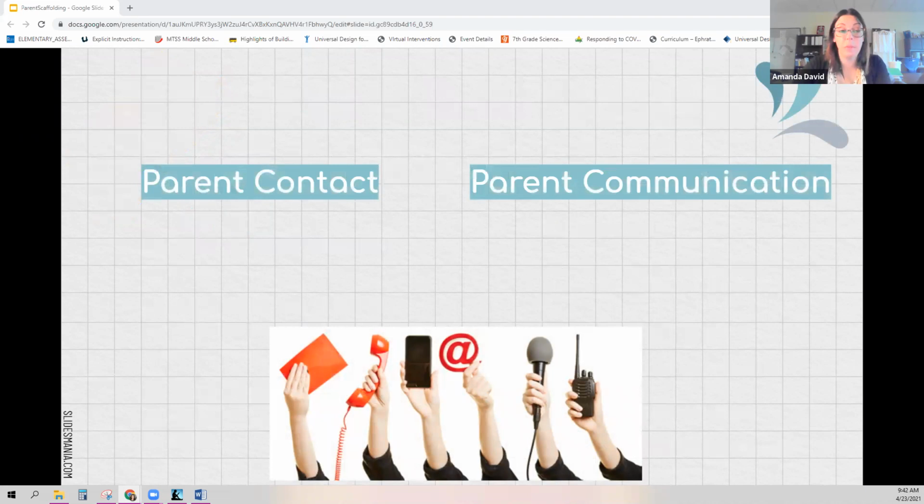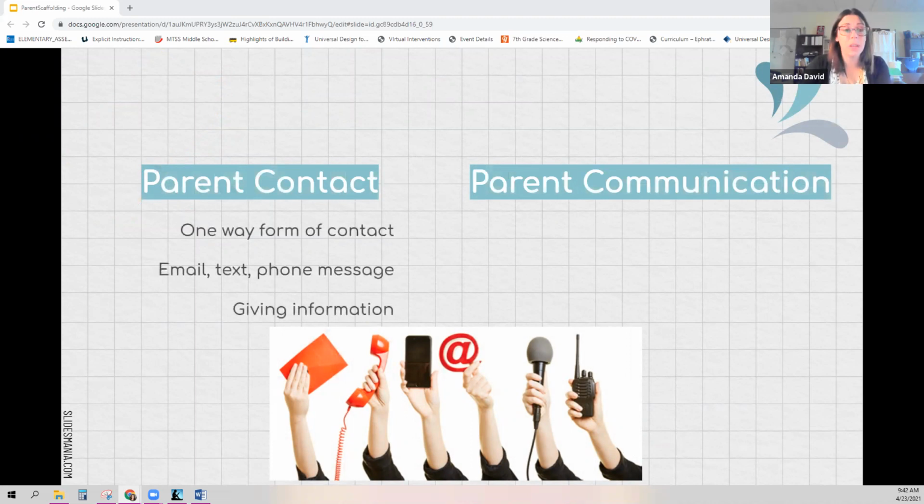There is a difference between parent contact and parent communication, and I just want to put that out there because sometimes it's viewed that these are synonymous, when really, when we're talking about contact, usually it's one form of contact. Usually it's you sending an email, a text, or a phone message, and you are disseminating information, you know, geometry test on Thursday, those sorts of things.